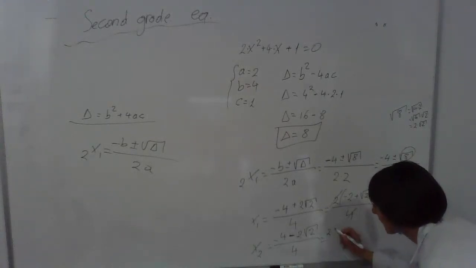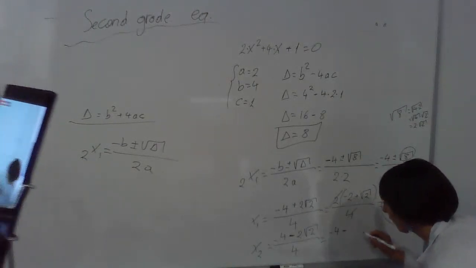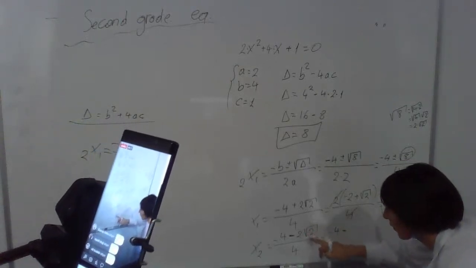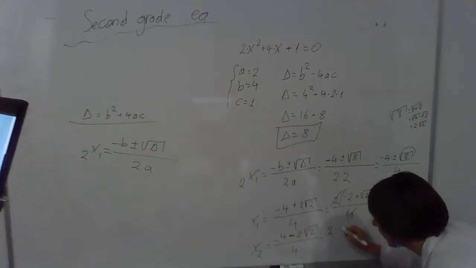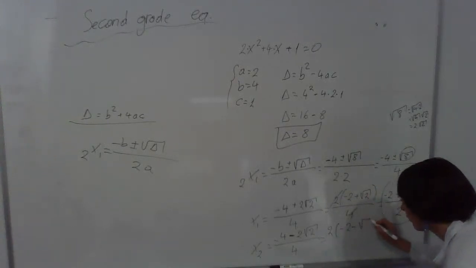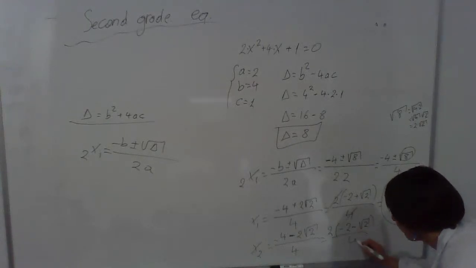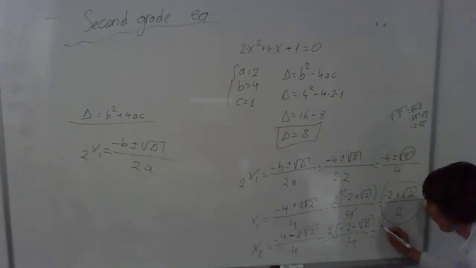I can factorize number. I can write like minus 4 minus 2 the square root of 2. So I can factorize directly 2 here, and it's going to be minus 2 minus the square root of 2 over 4. And the value of x2 in this case is going to be minus 2 minus the square root of 2 over 2, because I can simplify it.